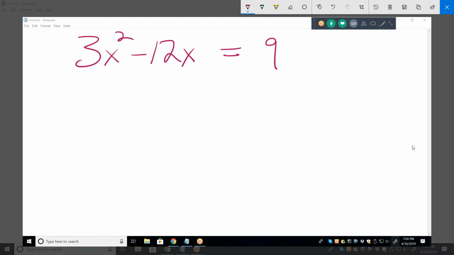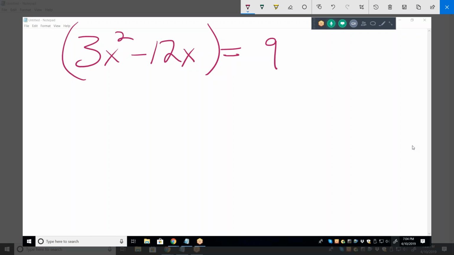Alright, so the first thing, it would be 3x squared minus 12x and then parentheses 3x squared minus 12x and then a blank spot. I've done that. Okay. That's not hard. And then the next thing is take out a greatest common factor. So it would be 3. So it'd be then 3 parentheses.